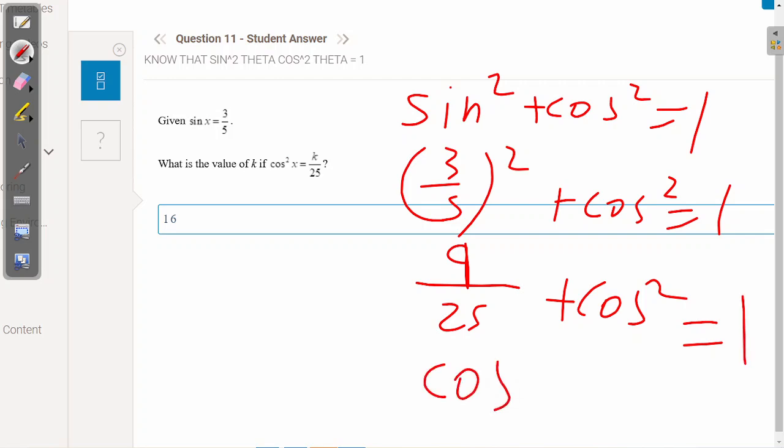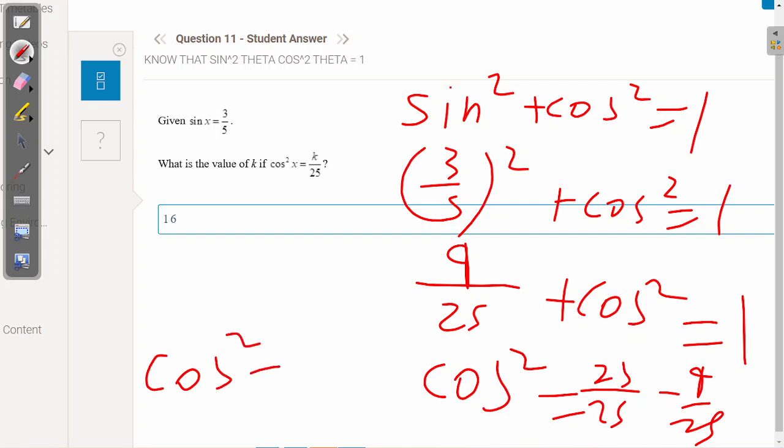So cosine squared equals 25 over 25 minus 9 over 25, which is 16 over 25. They want k, so it's 16.